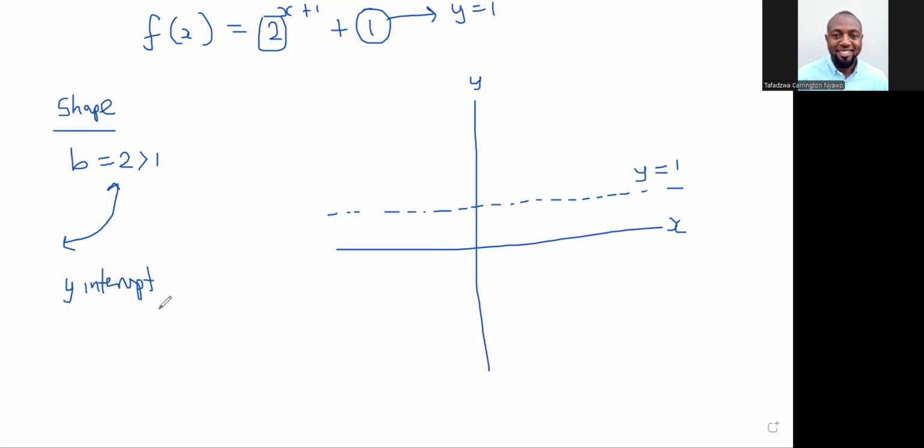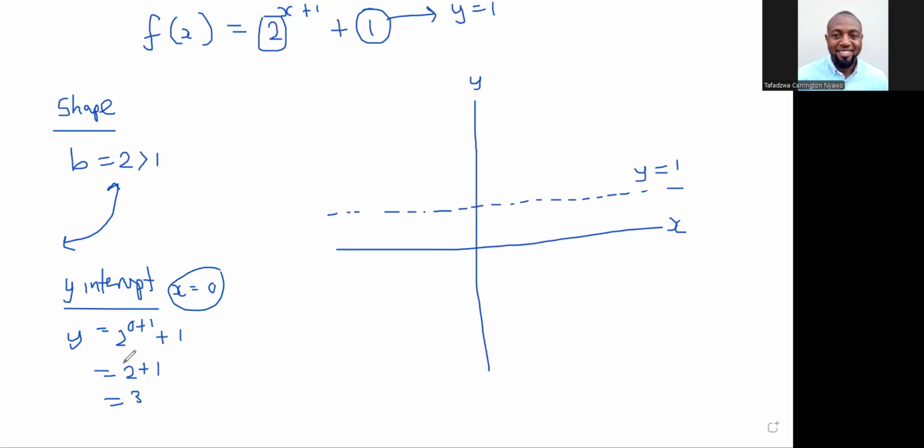For the y-intercept, x is equal to 0, remember? Where there is x, I put 0 in the original equation. So y is equal to 2 to the power of 0 plus 1, then plus 1. This gives 2 plus 1, which is 3.